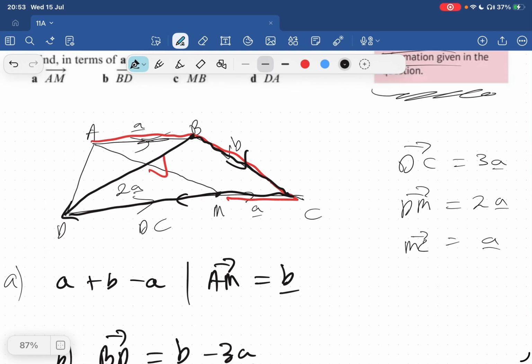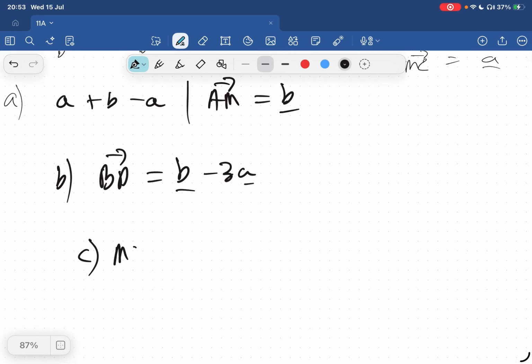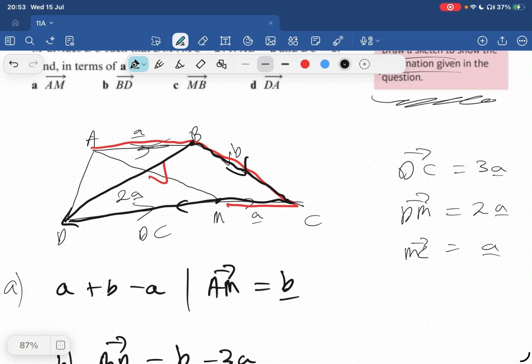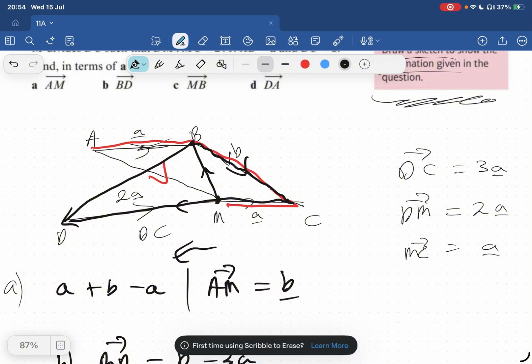Now, what was that? M to B. What does M to B equal? Start at M, we've got to go to B. Yet again, we can't go this way, because we don't know this. Technically, actually, we could go here, here, but that relies on our previous answer being correct, by the way.